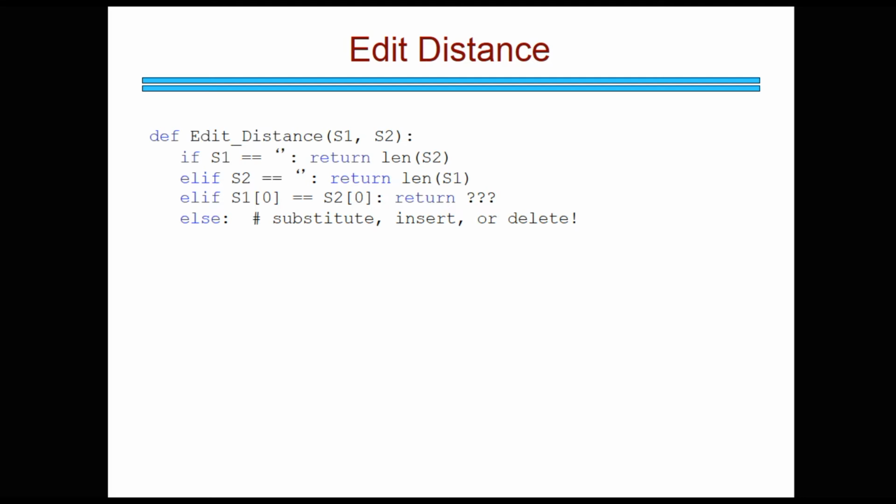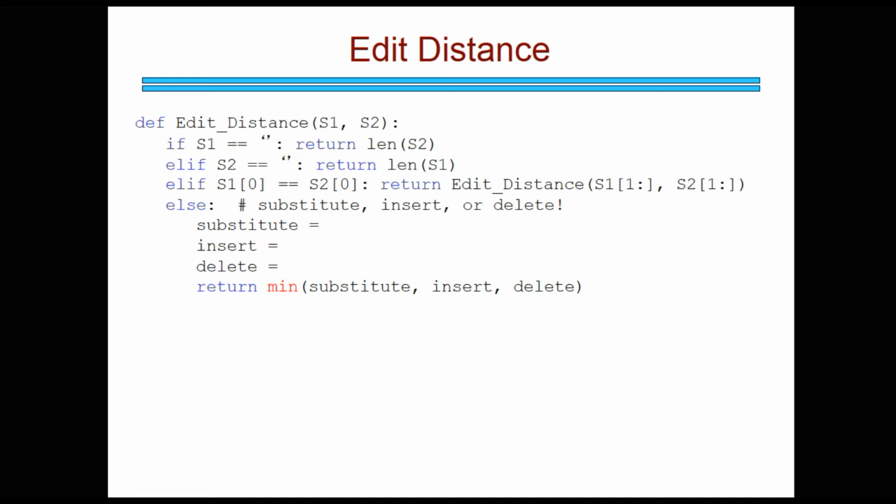And if the first characters of these two strings are the same, we can reduce our problem size by 1 from each of these two strings. But when the characters of these two strings are not the same, we are faced with 3 options.